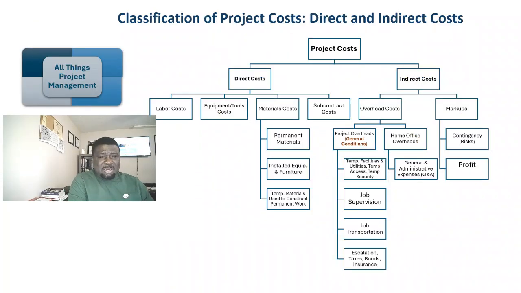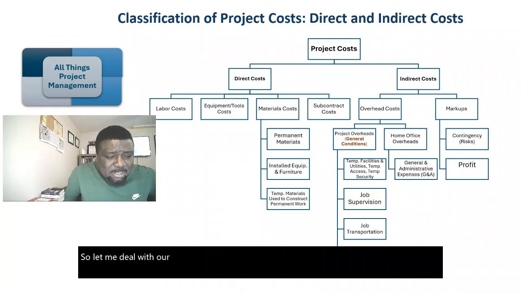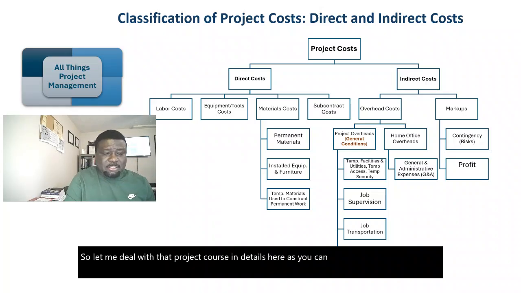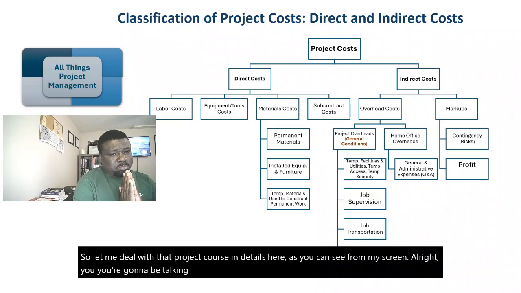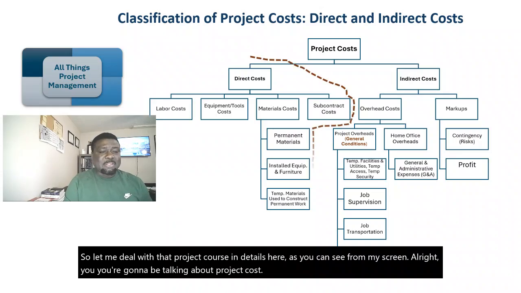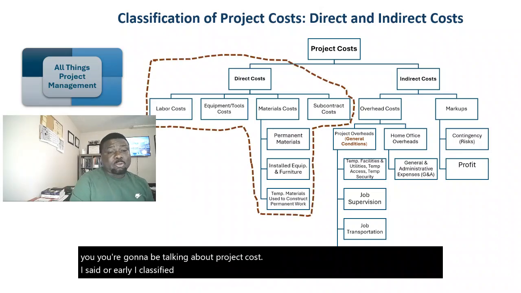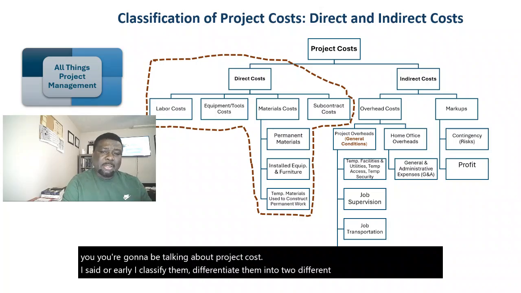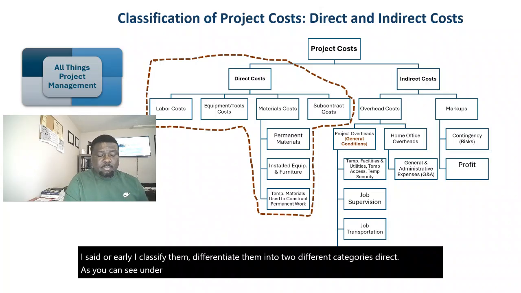So let me deal with the project costs in detail here. As you can see from my screen, you're going to be talking about project costs. And as I said earlier, I differentiate them into two categories, direct and indirect. Under direct costs, I have labor, equipment, and so on.